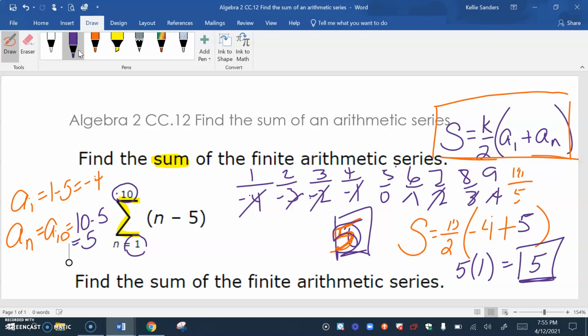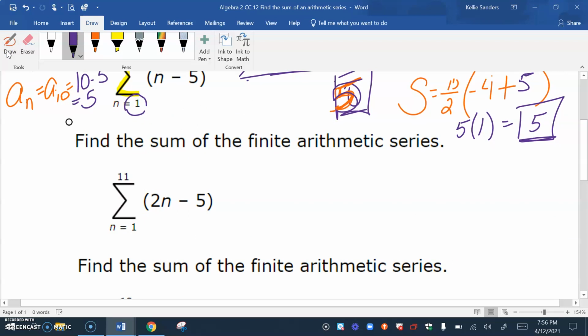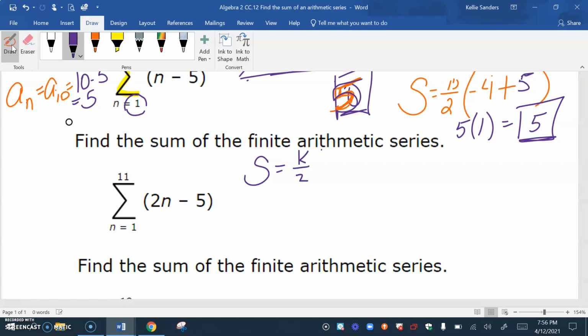So I know it didn't seem like it because I messed up tremendously, but that's how you're going to do it instead of having to do all of this right here. Let's see if we can get it better this time, or I can get it better this time. So the sum is K over 2, A sub 1 plus A sub n.